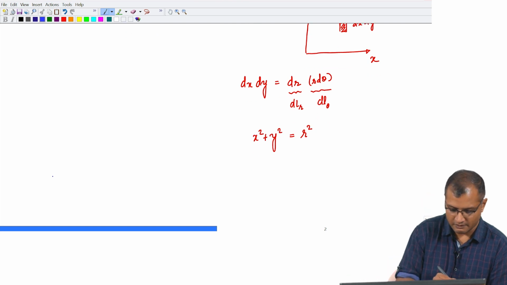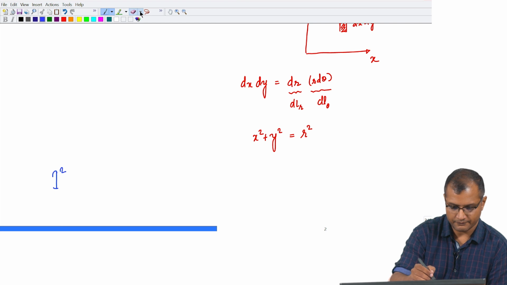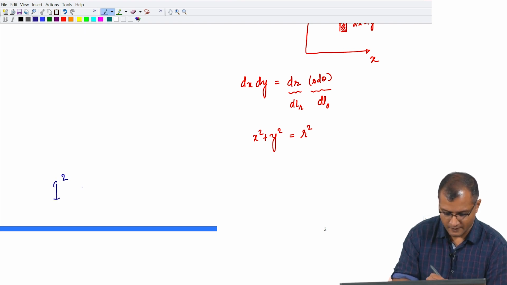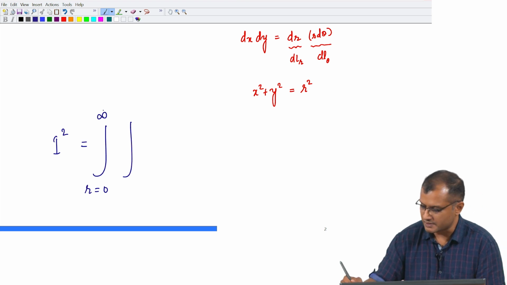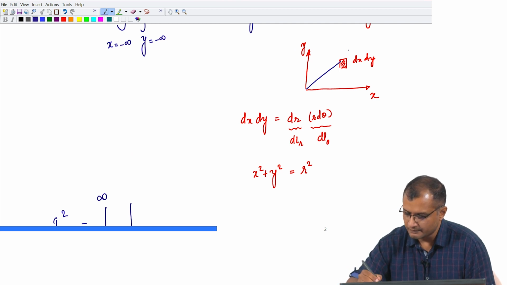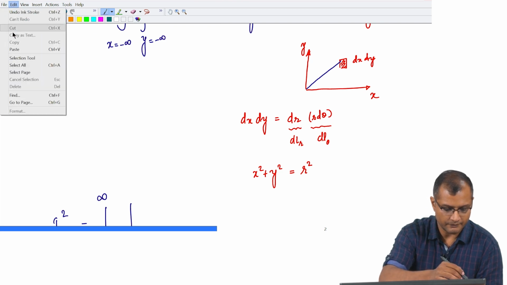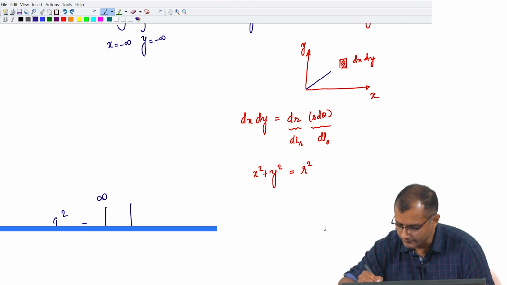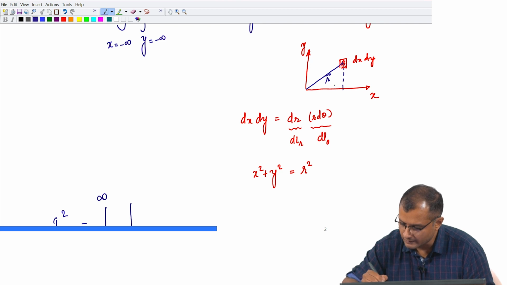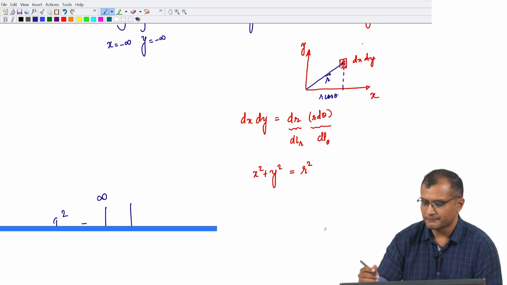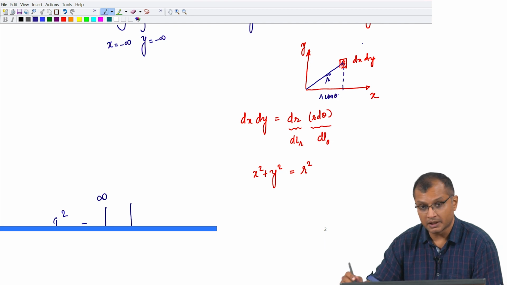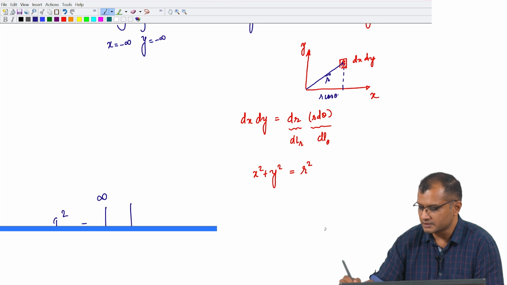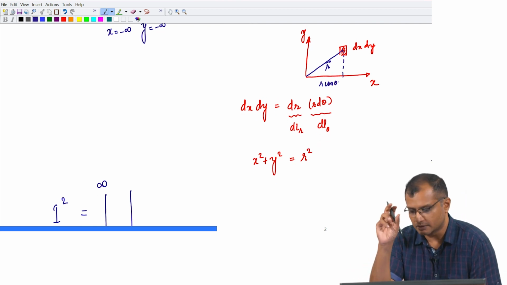My integration, which is I square, now becomes this double integral over r going from 0 to infinity, because if I look at this figure, to compute an area integral at location r, I need to take my areal displacement at various points on my surface, and at each point this would be nothing but an areal element located at coordinates r comma theta.